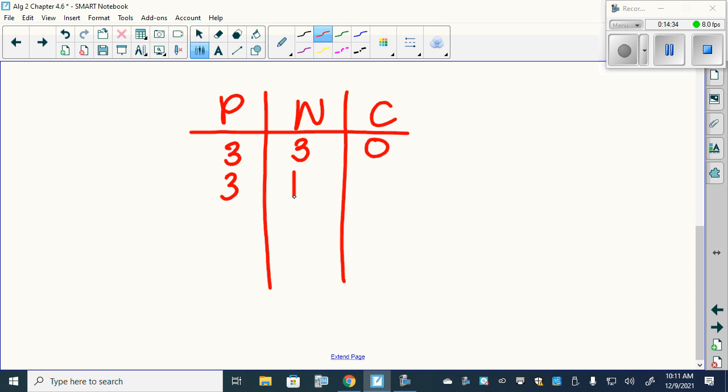So 3 becomes 1 for negative, so 3 and 1 is 4, which leaves us with 2. I can't decrease the negatives anymore because those are our only 2 options. So I'll decrease the positive by 1 and do it again. So 1 and 3 gives us 2. Decrease the negatives again, 1 and 1, 4. And that's it. Questions on this here? We ready for the next one?